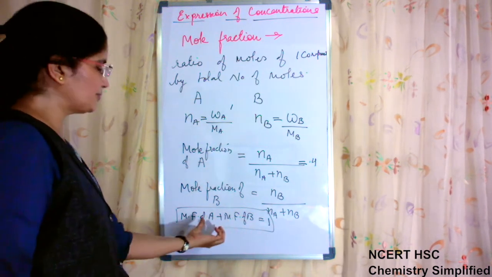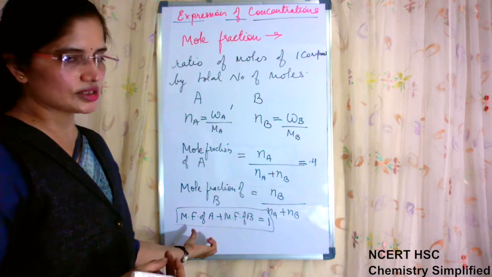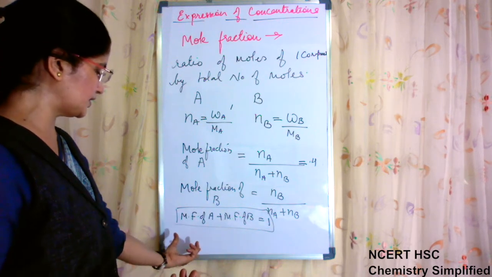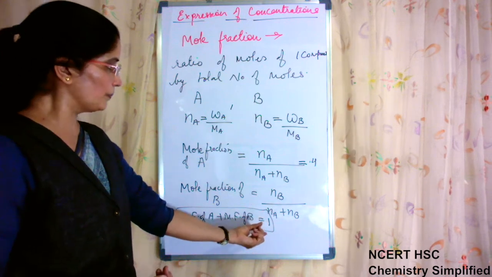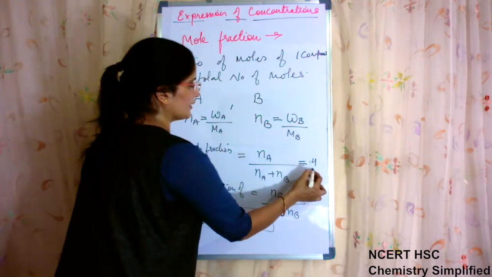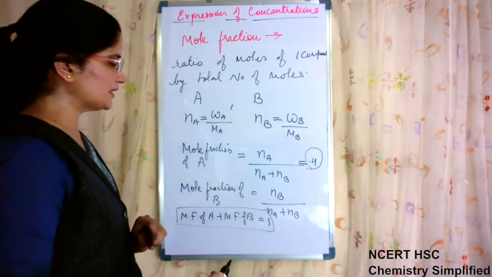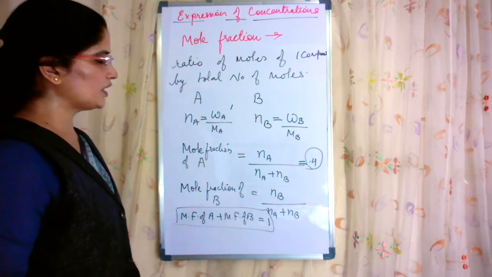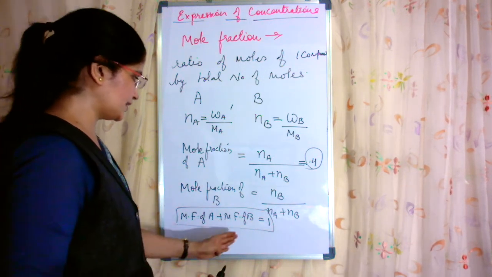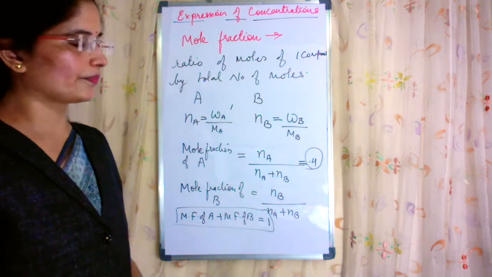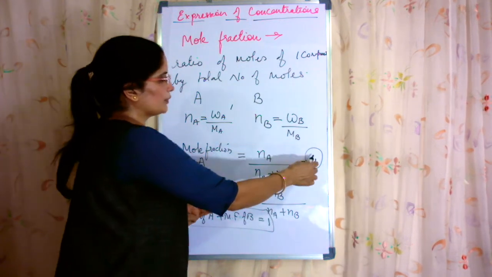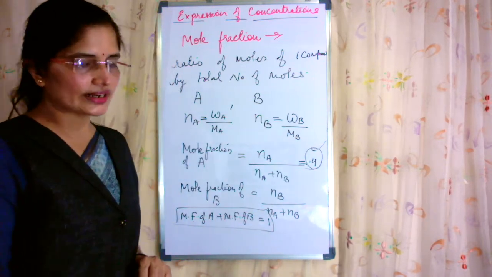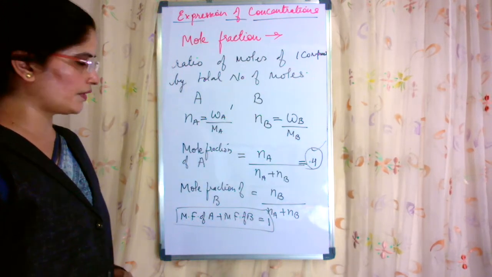If the solution is binary, with only two components, then the mole fraction of A plus the mole fraction of B should be equal to 1. So if the mole fraction of A is 0.4, the mole fraction of B will definitely be 0.6, and the total will be 1. Okay, so either you find it with the formula, or if one of the components is known to you, by subtracting it from 1 you can get the value of the other.